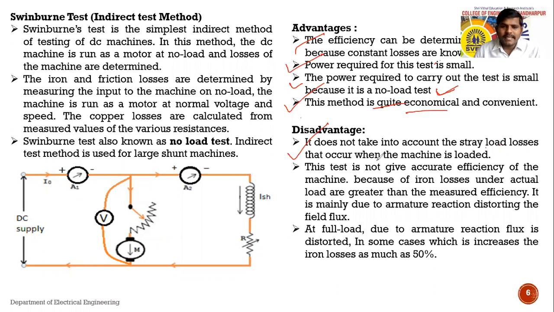Again, this test does not give accurate efficiency of the machine because we are not able to tell whether the constant losses or the iron losses at a particular load will be the same or greater. Because the iron losses under actual load are greater than the measured ones. म्हणजे actual load ला iron losses हे काय असतील, greater असतील.